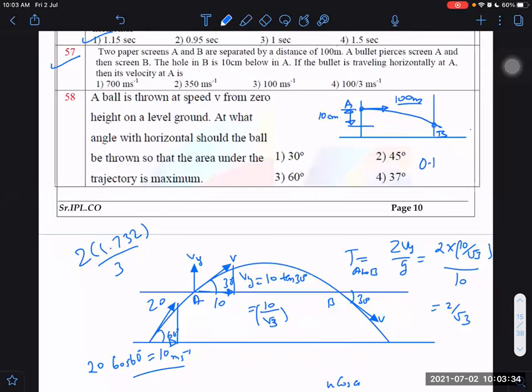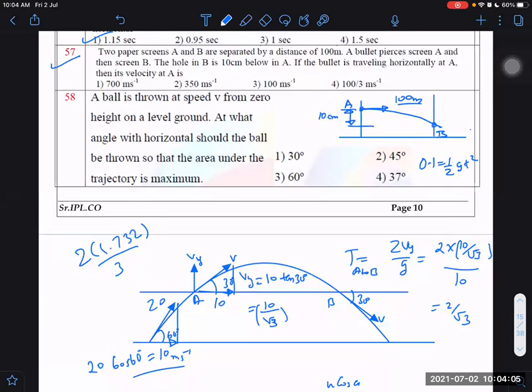I can equate 10 centimeter with 0.1 meter. We can write 0.1 meter equal to half g t square. What is time then? Can you get time? They forgot to mention that the bullet is striking horizontally.